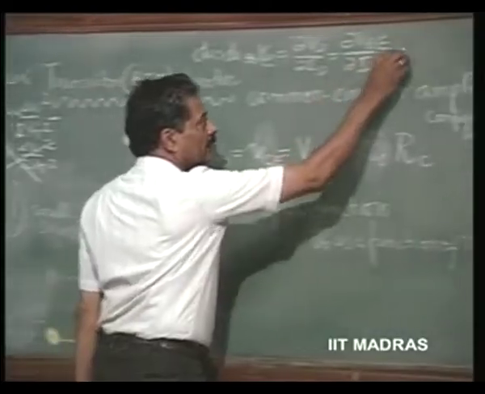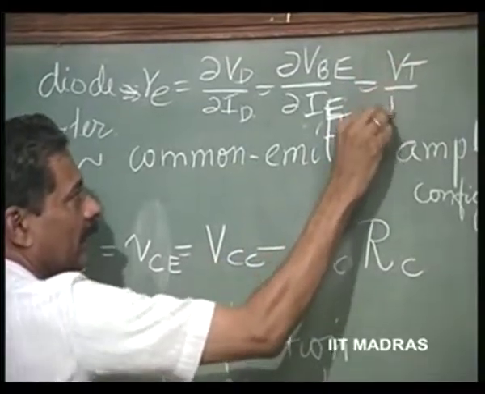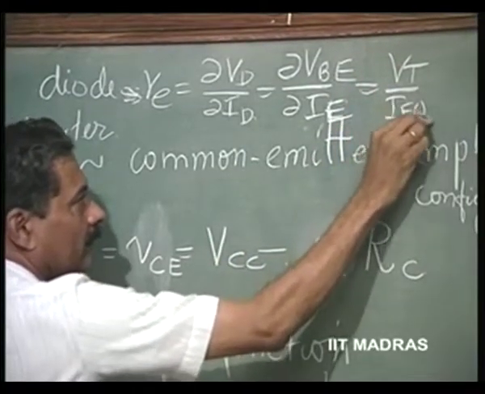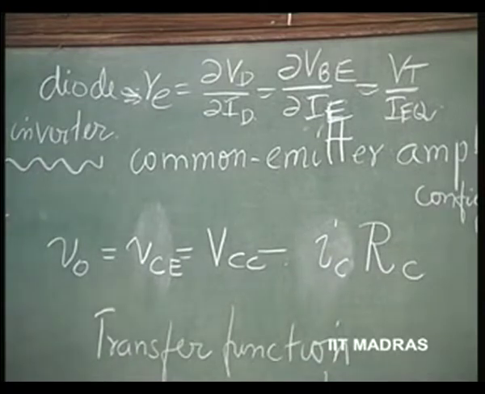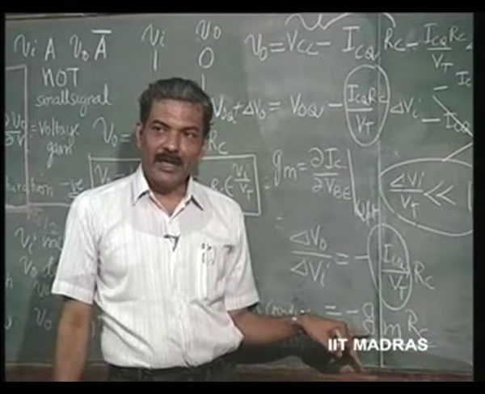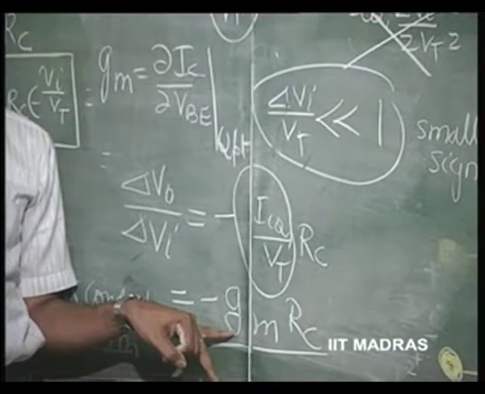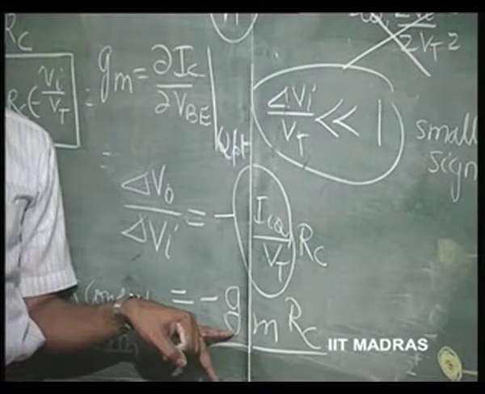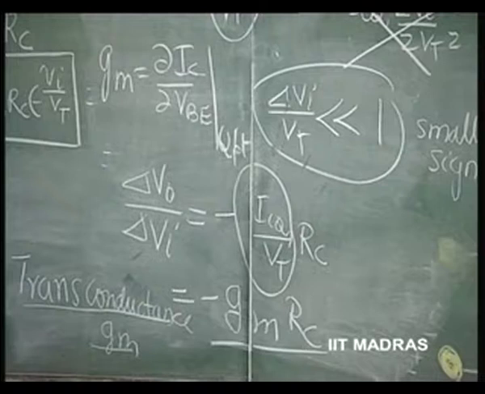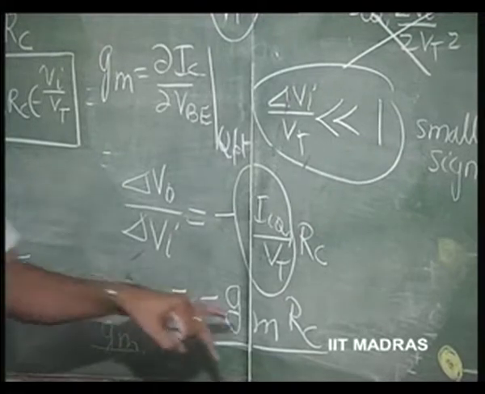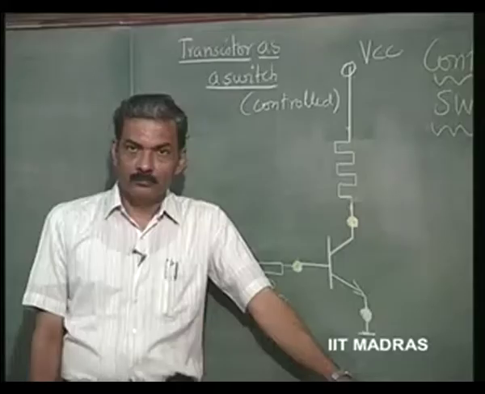So, this is got as Vt divided by Ieq. So, here Gm is nothing but alpha times Ieq divided by Vt, that means alpha divided by re. So, this is an important definition, minus Gm into Rc is the gain.